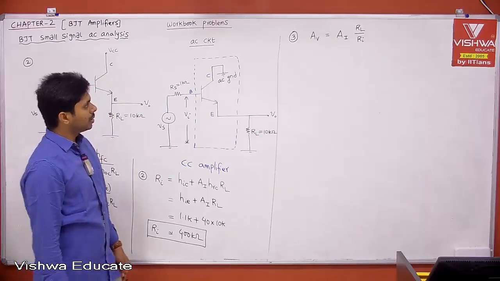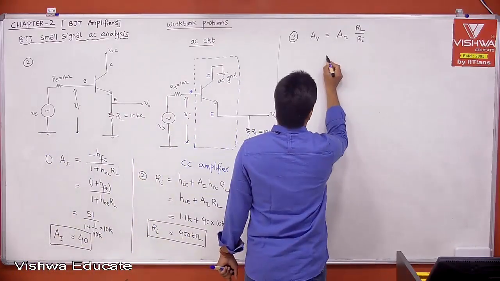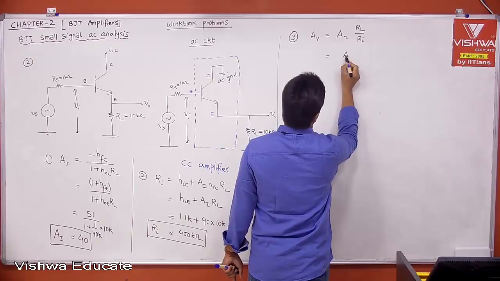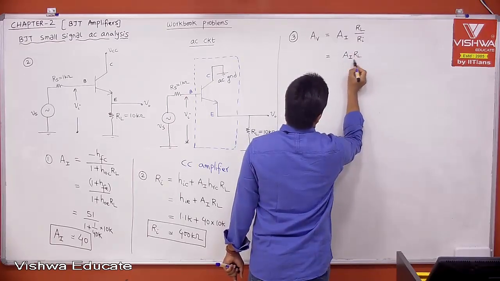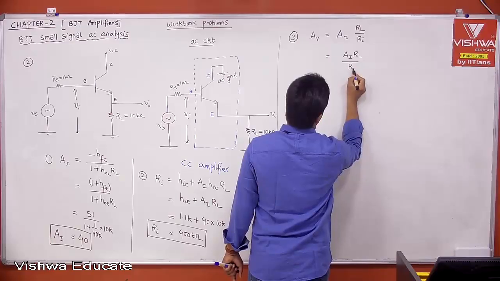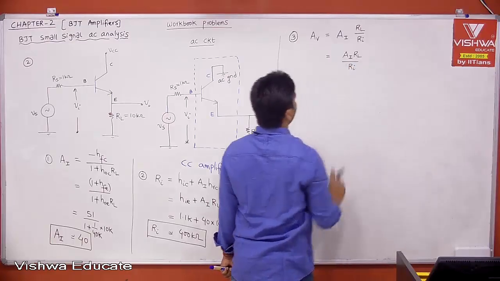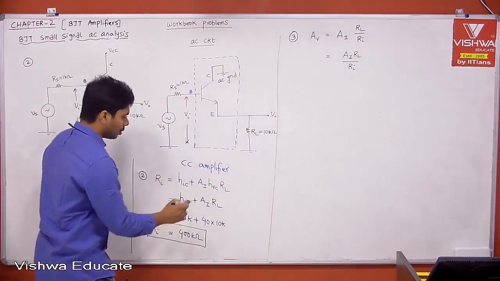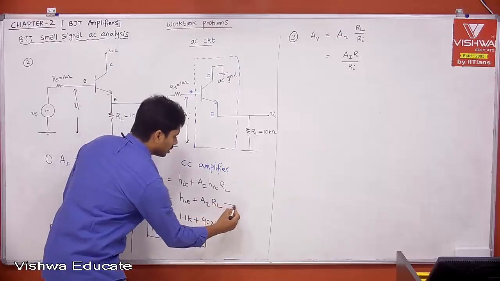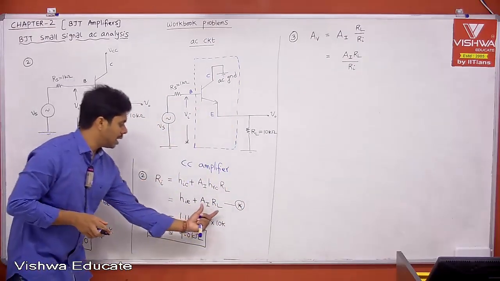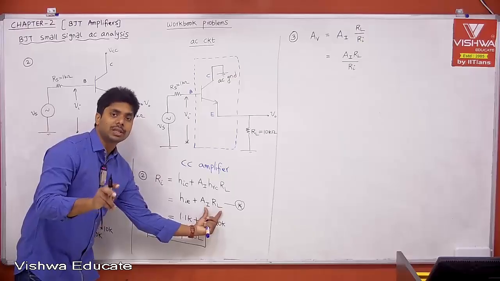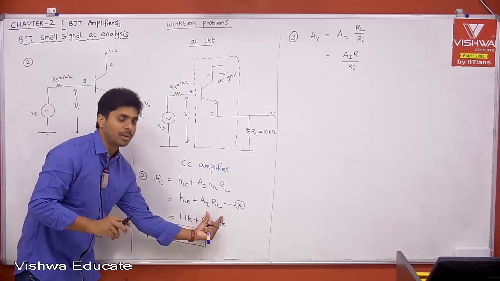Can I write it as AI into RL divided by Ri? Let me take AI into RL as star, just to have a conversion formula. Can I say AI into RL, without substituting the values? I'm giving a generic formula.